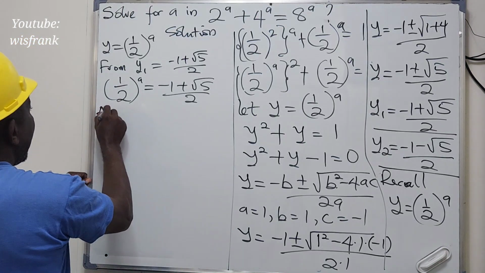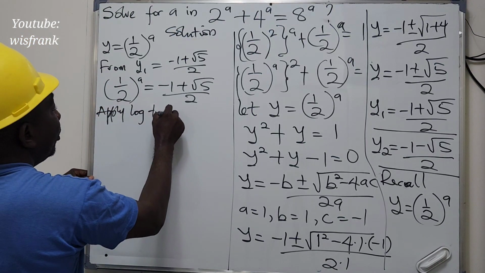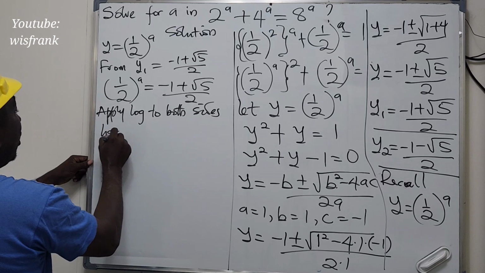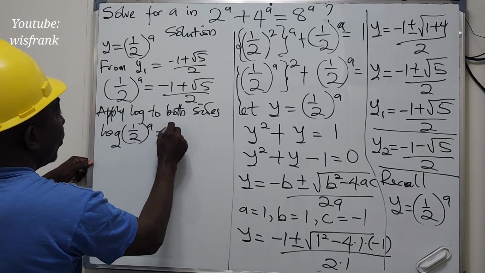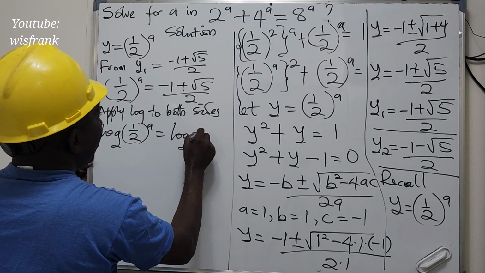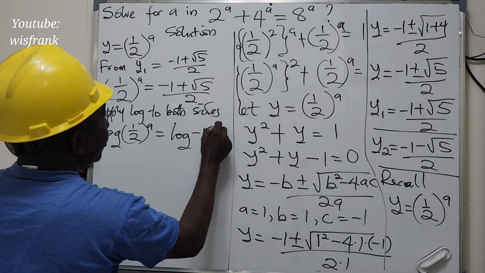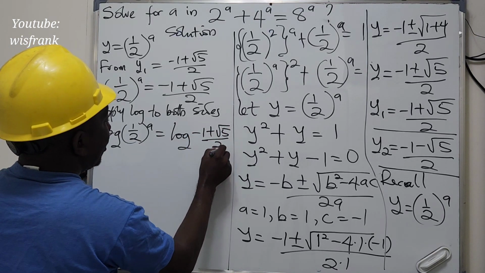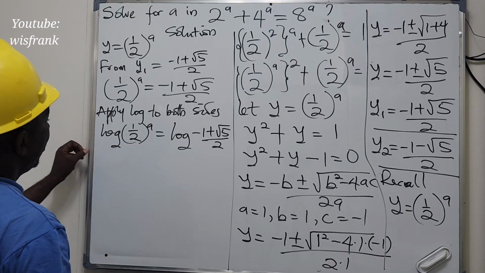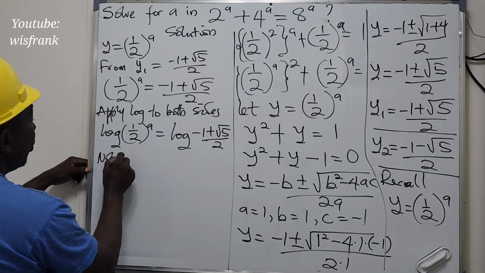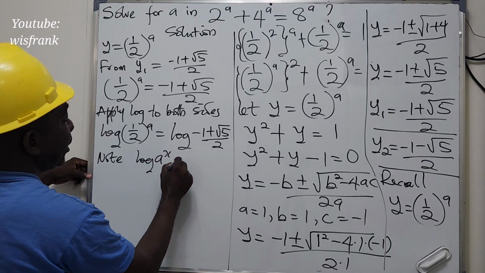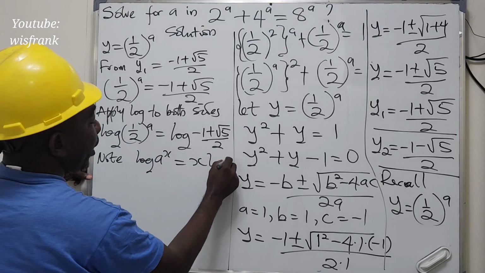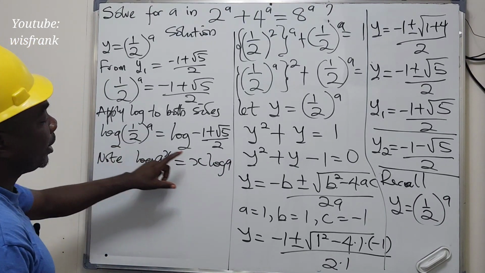So this becomes log of (1/2)^a equals log of (minus 1 plus root 5) all over 2. Here we recall that log of a to the power of x is the same thing as x log a. So we express this in this format.